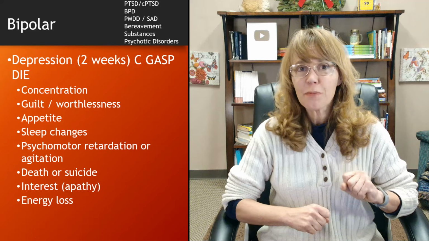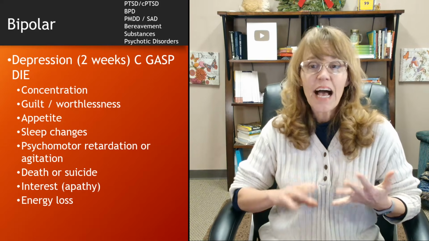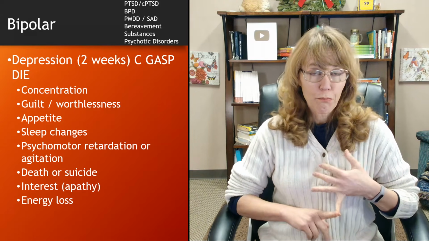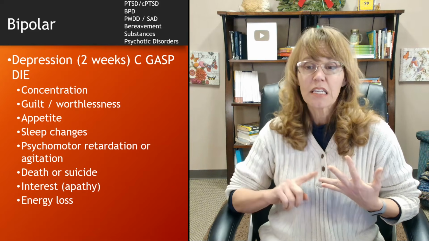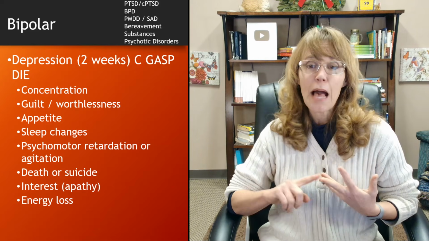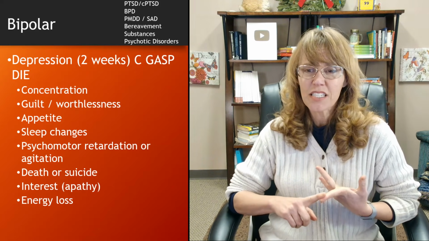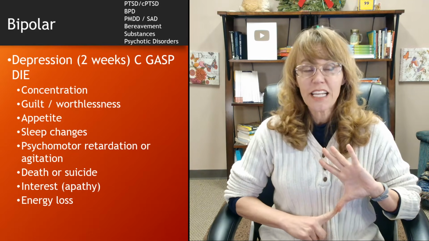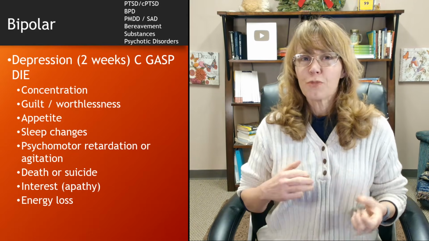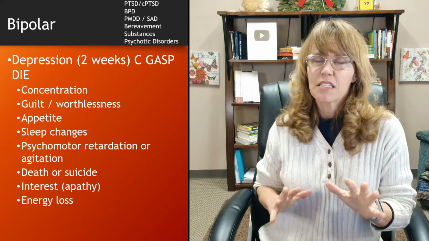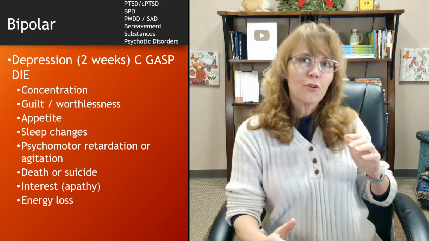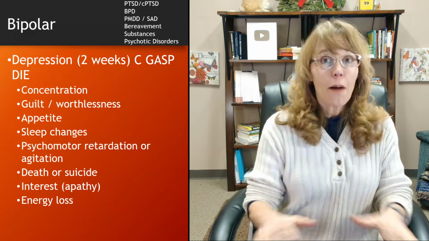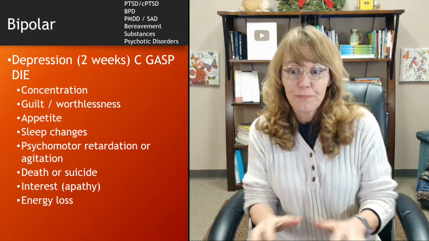And then there have to be 5 other symptoms. That can include problems with concentration, guilt and worthlessness, appetite changes, sleep changes, psychomotor retardation or agitation, which means the person either is kind of operating in slow motion or they're doing things really, really fast.